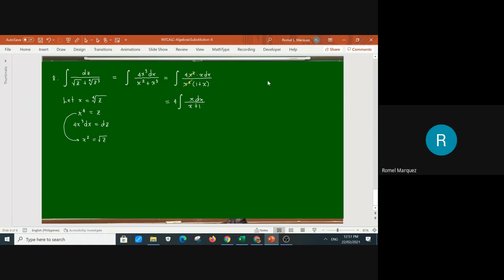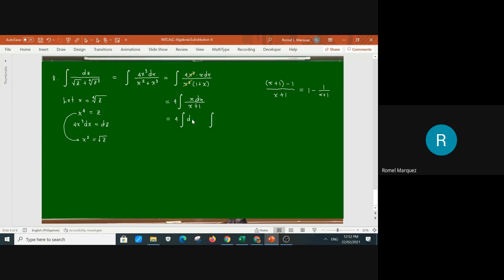And we did this already before. So x plus 1, what is to be subtracted, guys? 1, all over x plus 1. Getting 1 minus 1 over x plus 1. So this is equal to 4 integral of dx. Okay, guys?